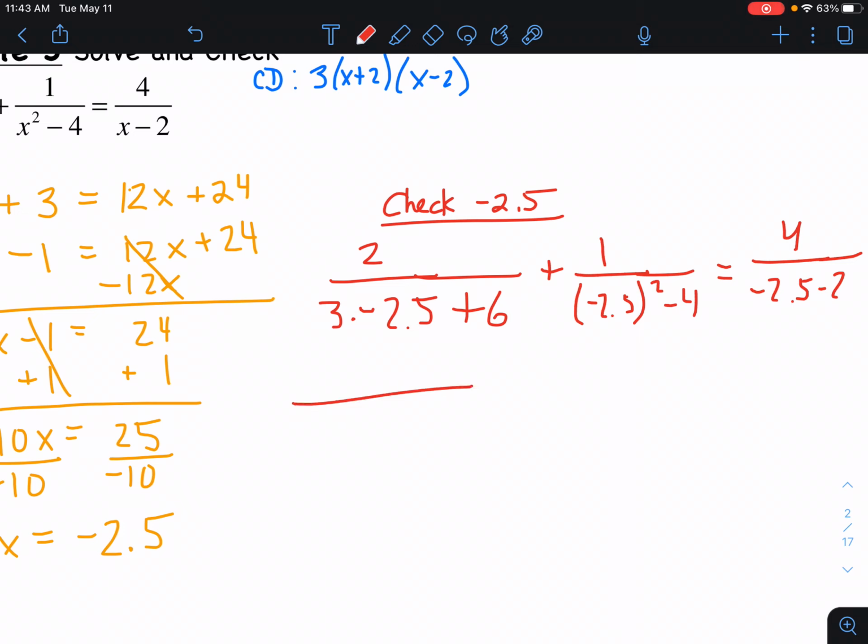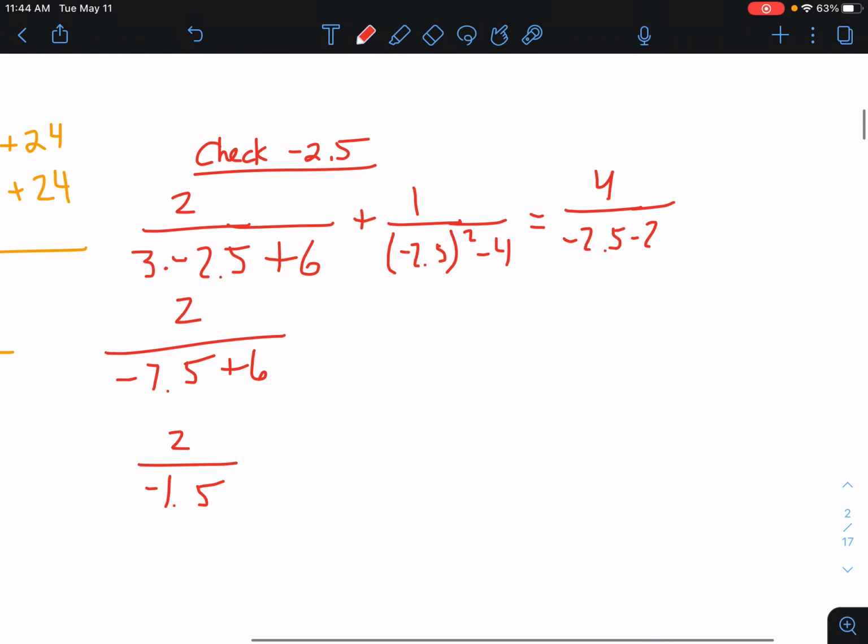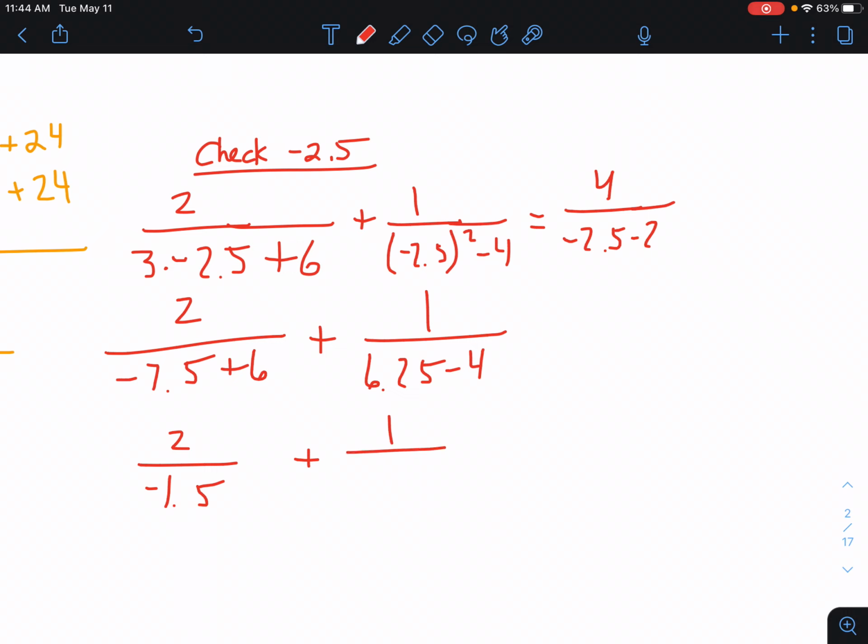So in the first fraction, that'll be 2 over 3 times -2.5 is -7.5. And then -7.5 plus 6 is -1.5. And then -2.5 squared, that's 6.25. 6.25 minus 4 is 2.25. And then subtract in the third one.